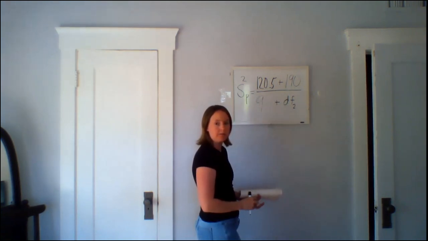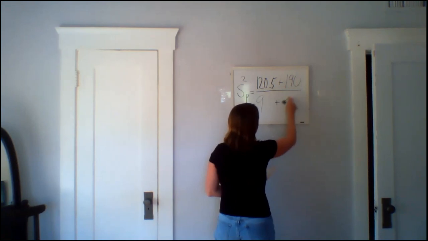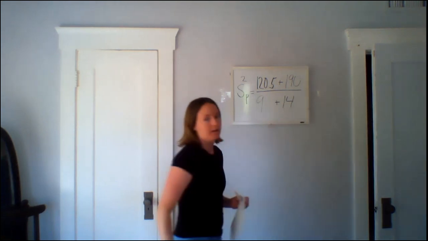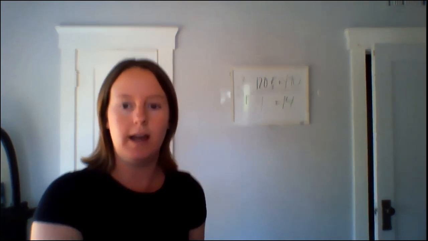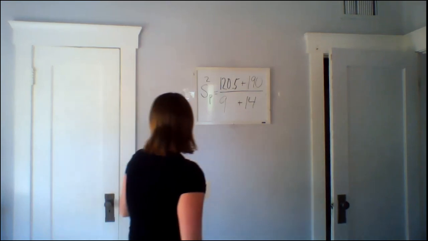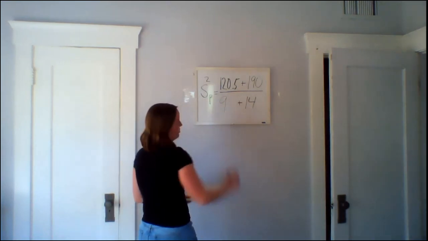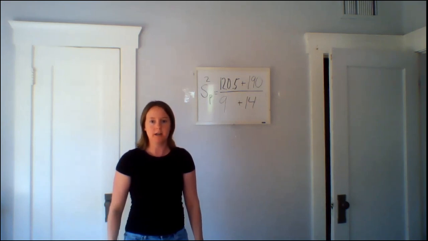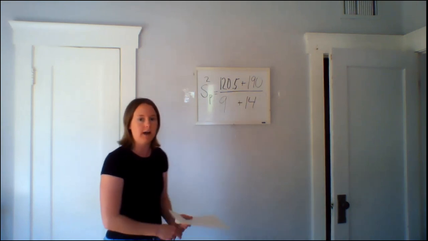And the degrees of freedom for group 2 is going to be 15 minus 1, which is 14. Okay, so there you have it. The pooled variance is going to end up coming out to 13.5 if you do that math correctly. 120.5 plus 190 over 23, you end up with 13.5.